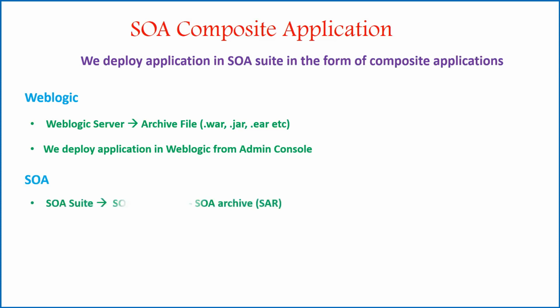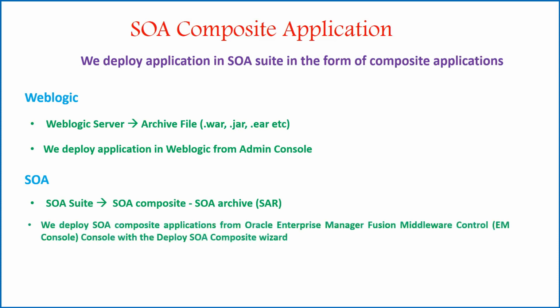Now, when we talk about SOA, the application that we deploy in SOA is called a SOA composite, or you can say a SOA archive or SAR file. This will always be a jar file. To deploy the SOA composite application, we use the Enterprise Manager Console, also called the Fusion Middleware Control Console, which comes with the Oracle Fusion Middleware Infrastructure installer.